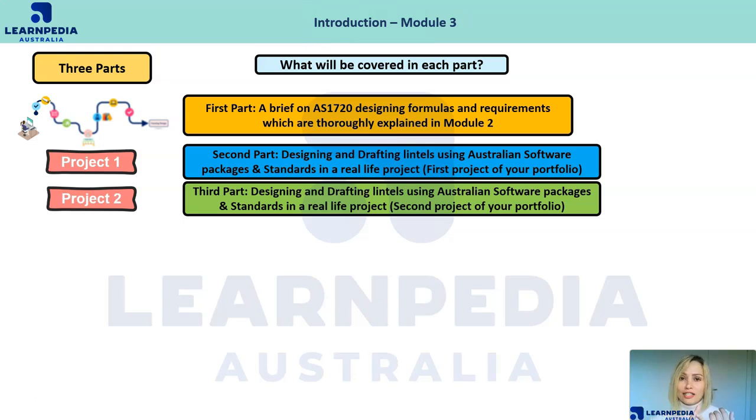So we do the designing and drafting for project 1. That's the second round. And then we have the third round. The third round, we'll do again the designing and drafting of the structural elements, framing elements, so beams, lintels, and columns in project 2, which is the second project of your portfolio.